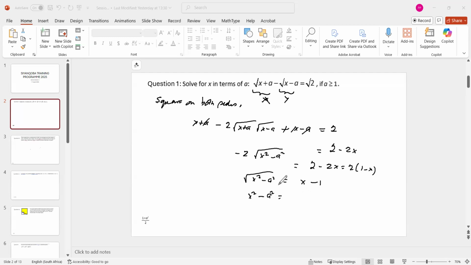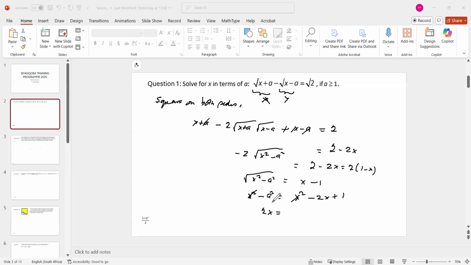Again, I'm finding the square on both sides again. And here, this square is x squared minus 2x plus 1, right? This is square of a binomial. And happily, this x squareds cancel off. And the minus 2x, I can bring it on this side.